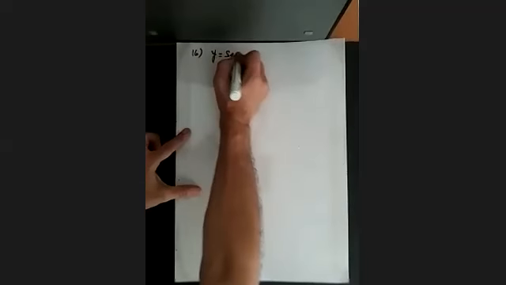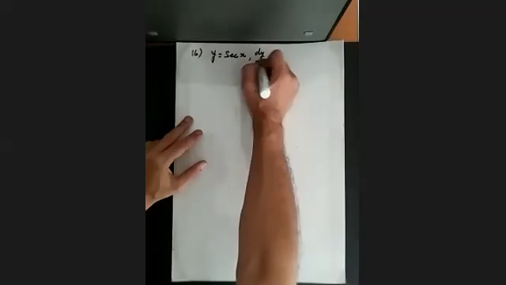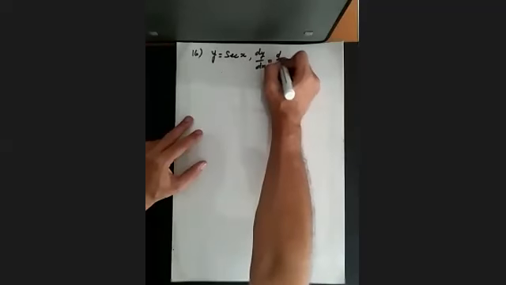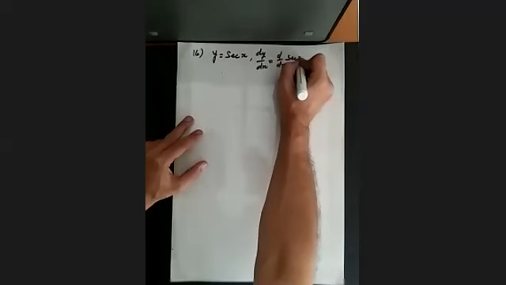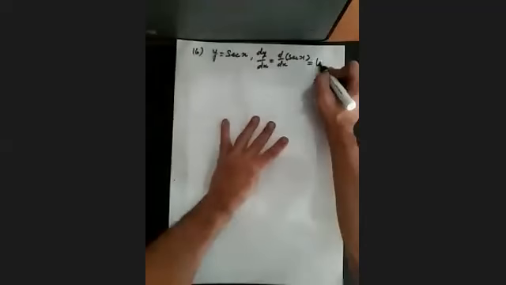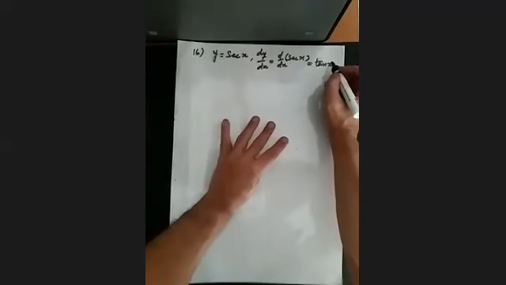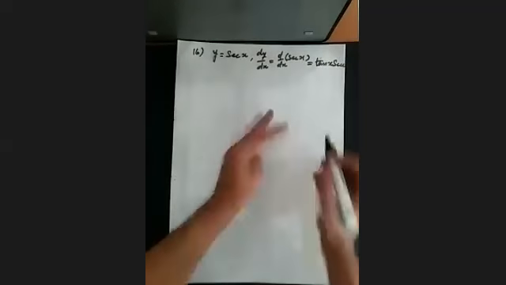Number 16, y is given equal to secant x, then dy by dx, which is equal to d/dx of secant x, and this is straight away equal to tan x multiplied by secant x.